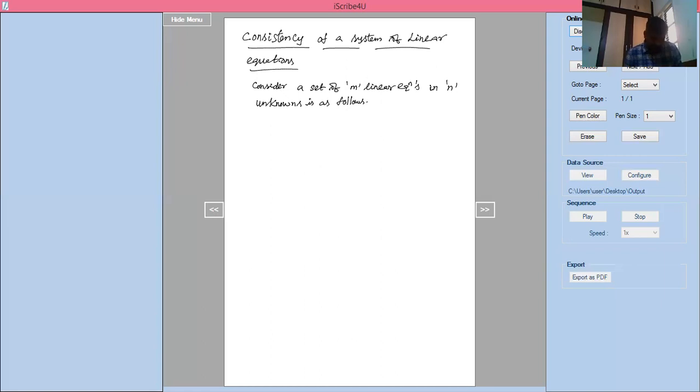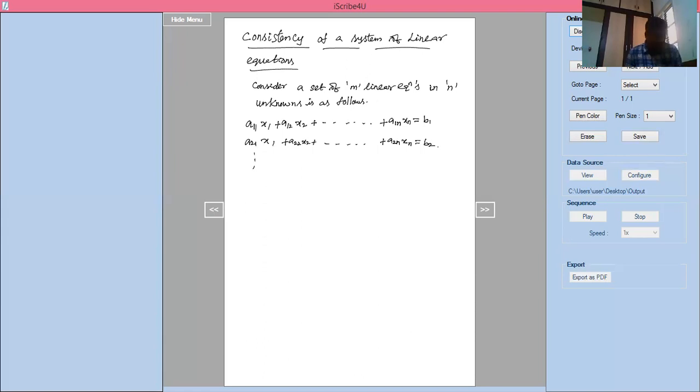Now I'll write this one: a11x1 plus a12x2 plus and so on plus a1n xn equal to b1. a21x1 plus a22x2 plus and so on a2n xn equal to b2.